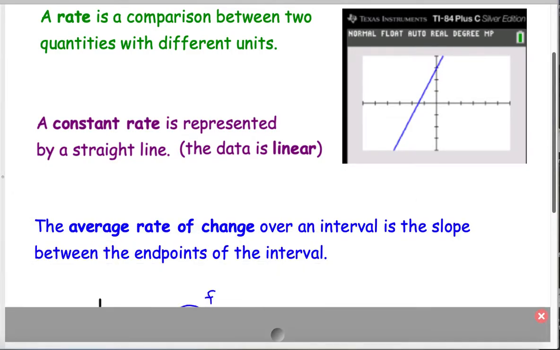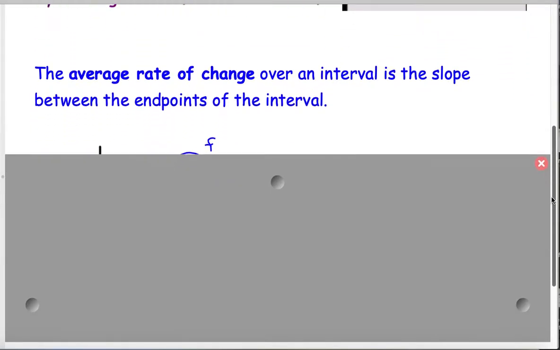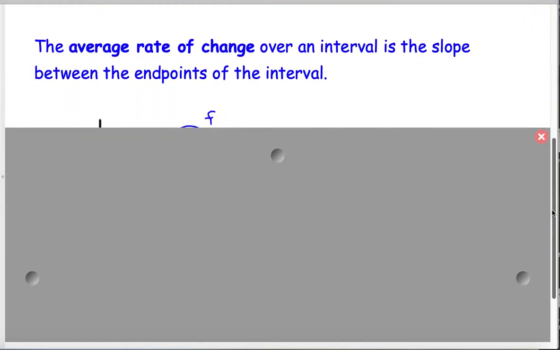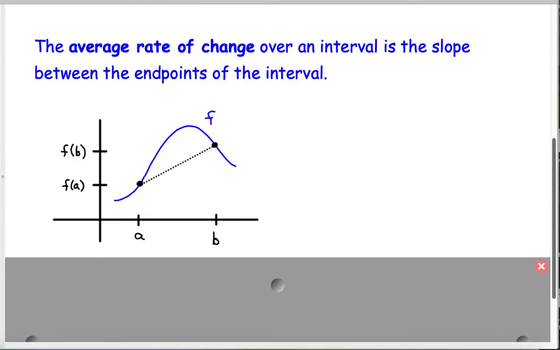Now, if it's not a straight line, when you plot your data, you might have something that looks curved, like, let's say this function f, which doesn't mean anything, I just made it up. But if I ask for the average rate of change over an interval, it's basically the slope between the two endpoints of that interval.